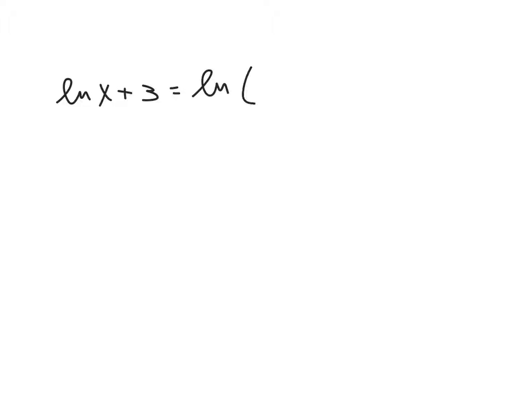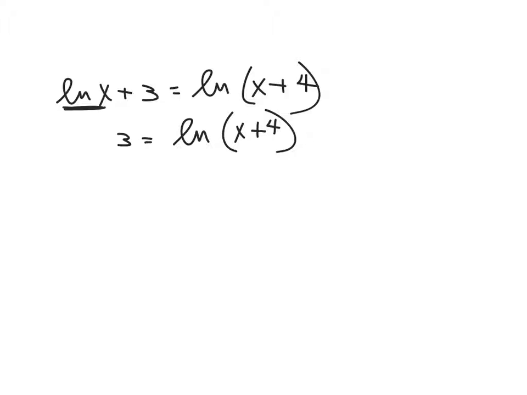And all of this just takes practice on which form to use and how to do everything. But first of all, we're going to get my logarithms on the same side. Okay, so I'm going to move this over to the other side.